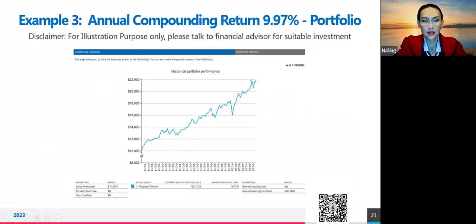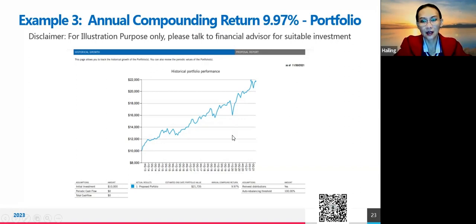The person does the same thing, $10,000 as the initial investment. After 7 years of investment, his money is 2.2 times the initial amount. But in between, it's not a smooth curve, right?